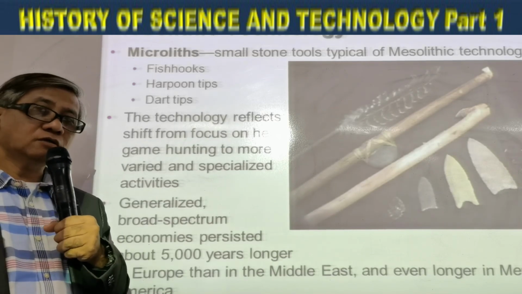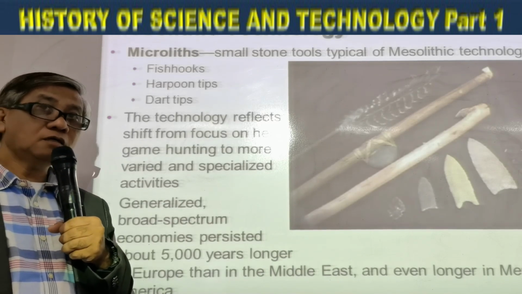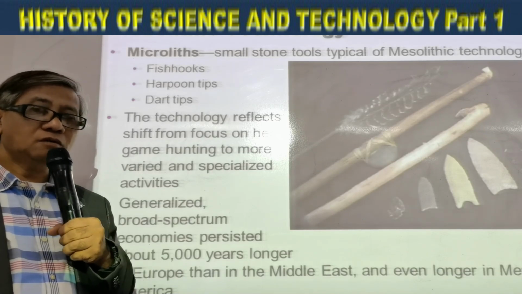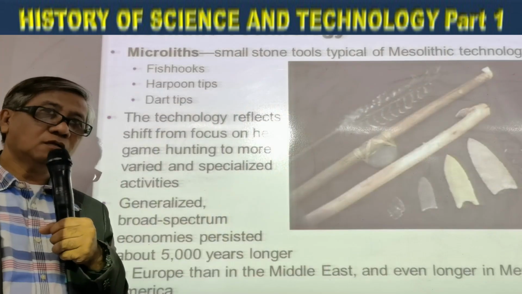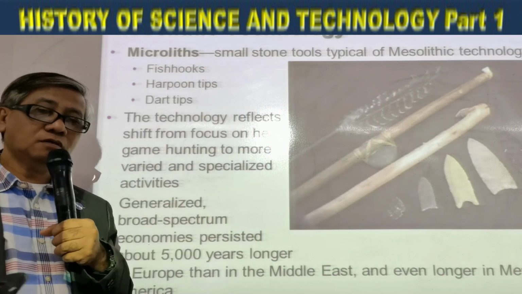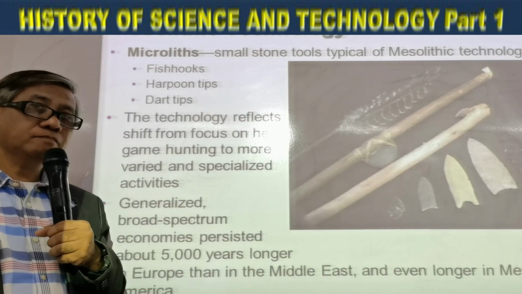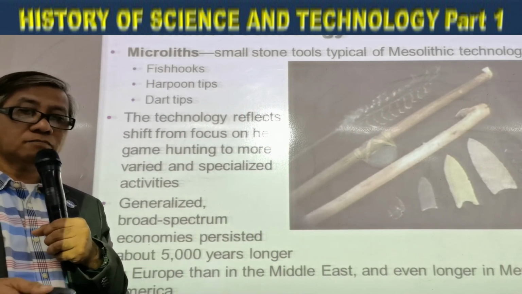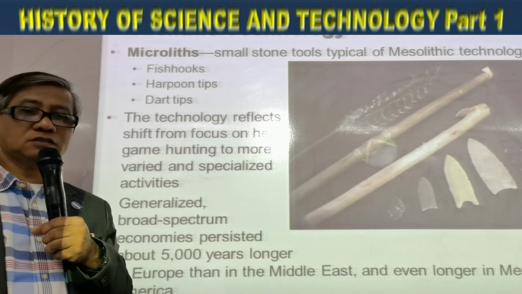Meaning, because of these small stone tools, they engaged themselves in more specialized activities. Like, kasi gumawa sila ng fish hooks. So some engaged in fishing, yung iba naman nag-basketry work, yung iba nag-leather work. So because of this shift in focus from game hunting to some other activities because of these microlithics.